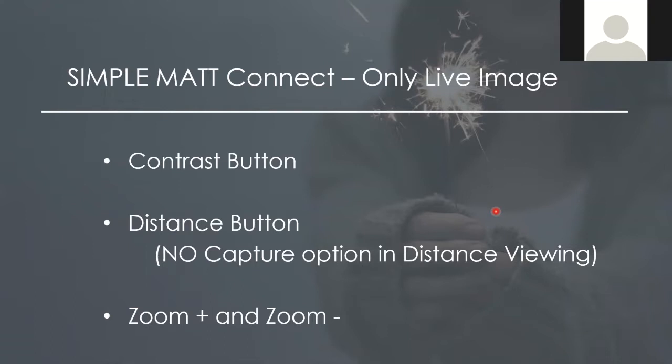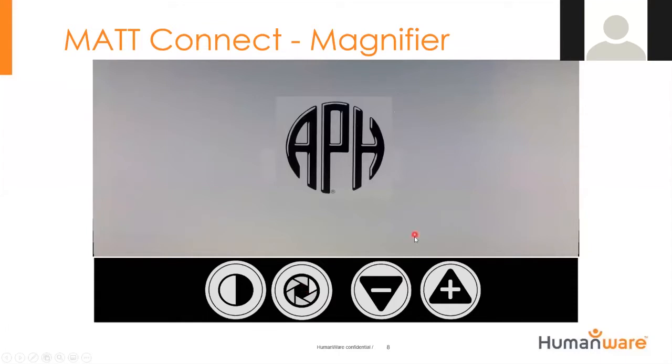So we're just going to go through them here in the slides. But the first simple interface, really simple, you have a contrast button and a distance button to do distance viewing. There's no capture here, so you cannot capture any distance images or capture any document. It's only for live view, and you have the zoom in, zoom out button. So this is what it looks like.